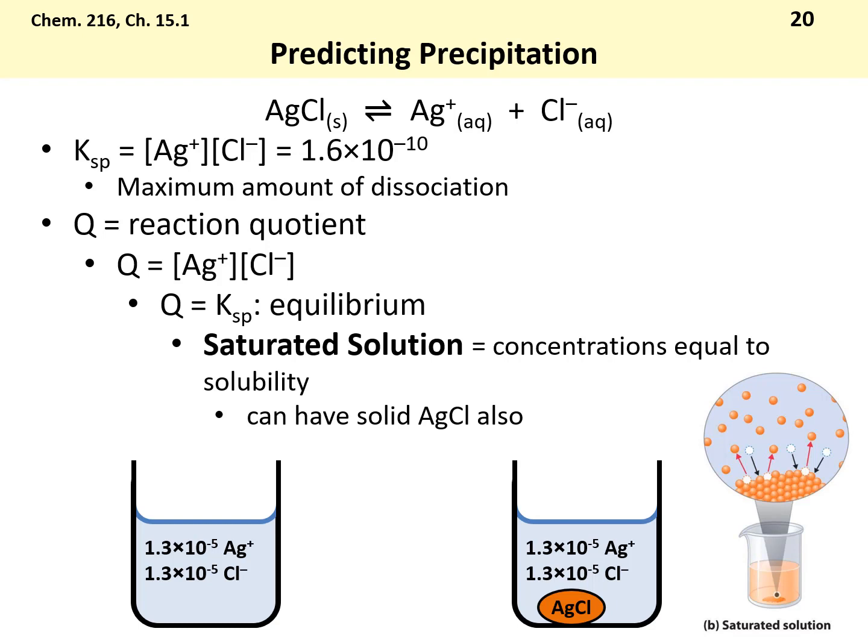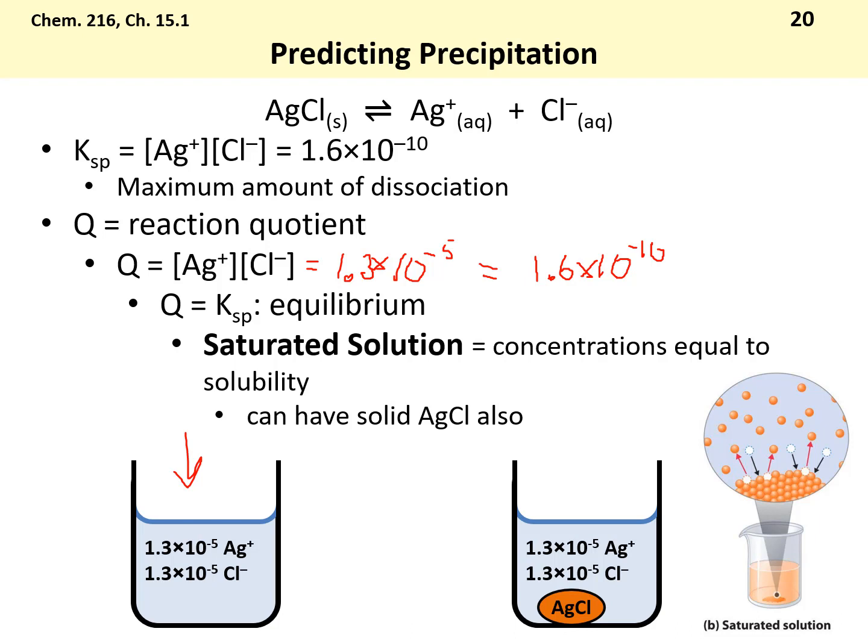So let's say I had a solution here, and I had 1.3 times 10 to the minus 5 Ag plus, 1.3 times 10 to the minus 5 Cl minus. So when I fill these in and I find my answer, I get 1.6 times 10 to the minus 10. This means we're at equilibrium.